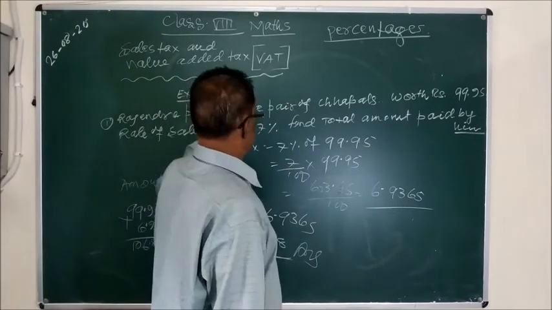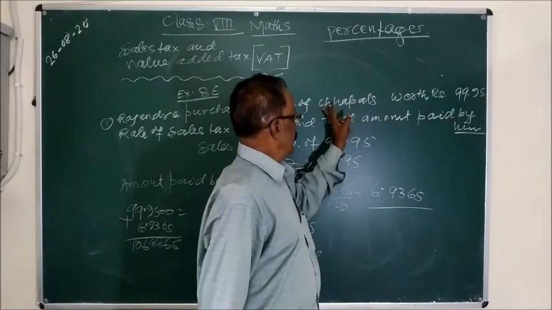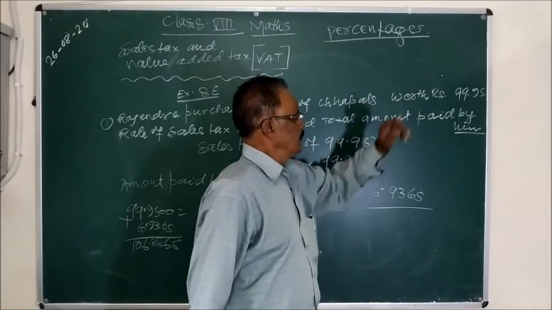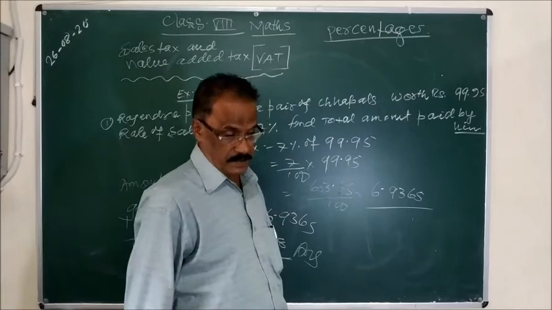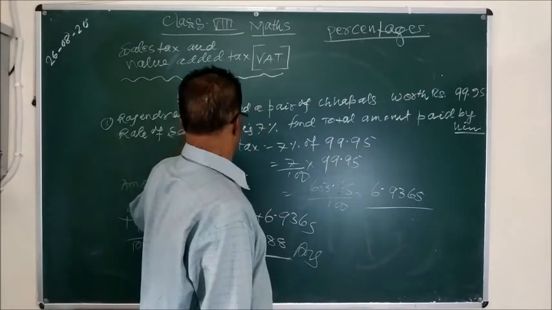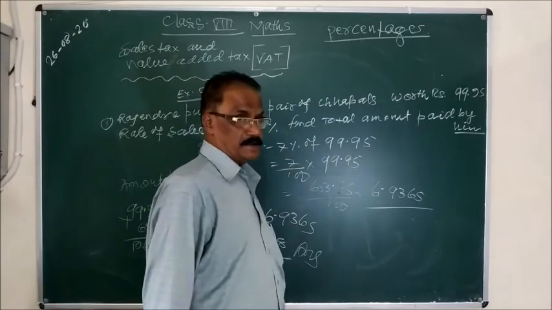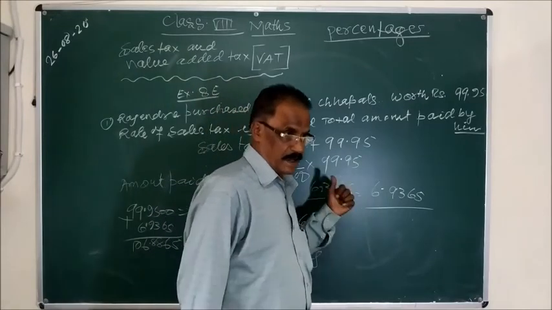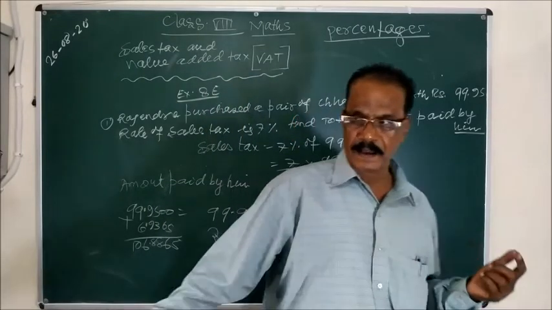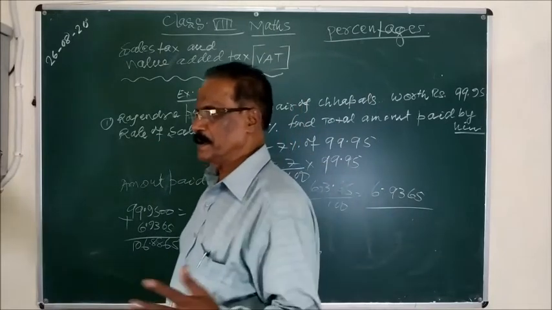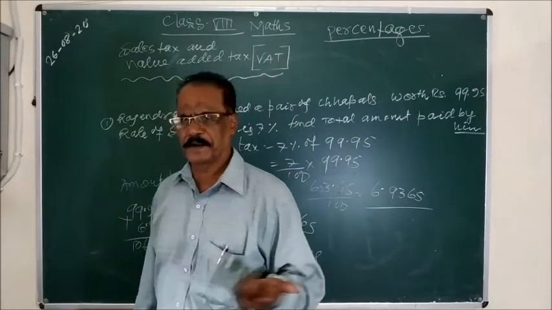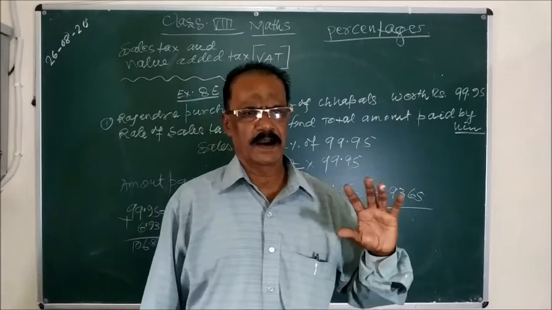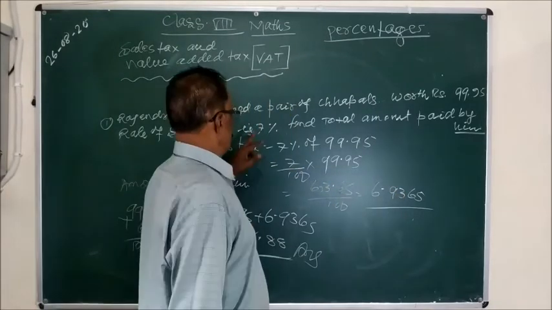Question is a person purchased an item, that is chappal, 99.95. This is the price. And sales tax is imposed, as I told you. This is levied by the state government. And that is different for different items in different states. 7%.